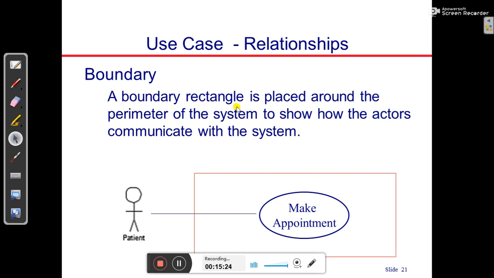Boundary. A boundary rectangle is placed around the perimeter of the system to show how the actors communicate with the system. So this boundary depicts the system. If the patient does not communicate, he will not provide any communication link through the system boundary.